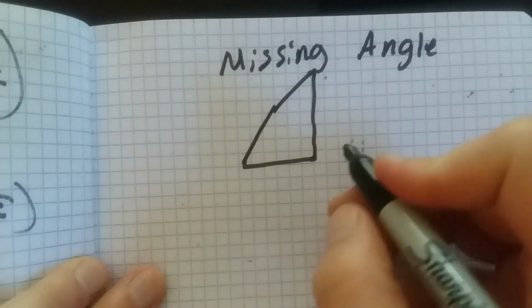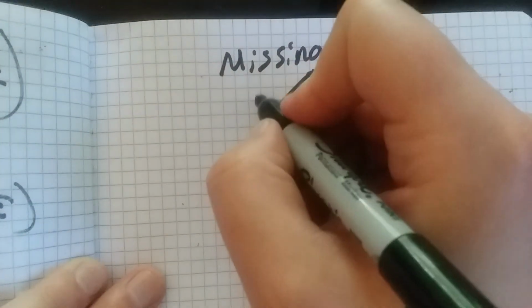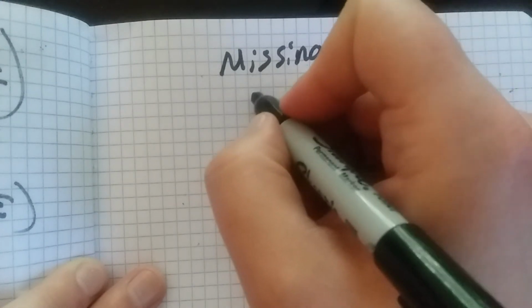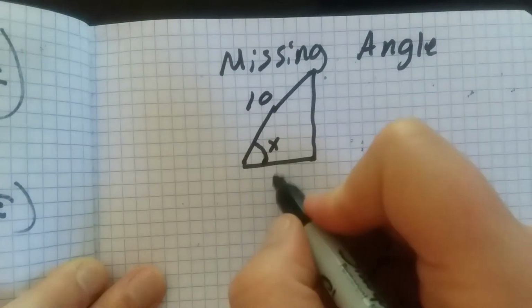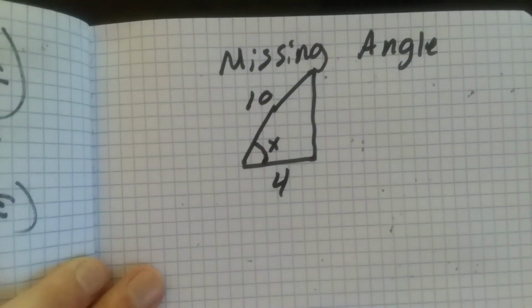Say you don't know this angle, that's what you're trying to find, but you do have the ratio of the sides. Let's say this is 10 and 4. I'm assuming this is what you want. If it's not, let me know. This would be trig to find a missing angle.